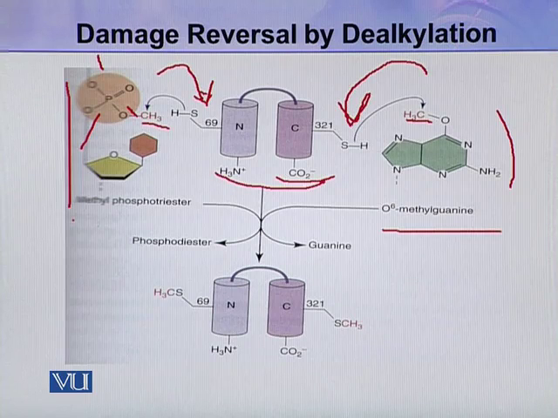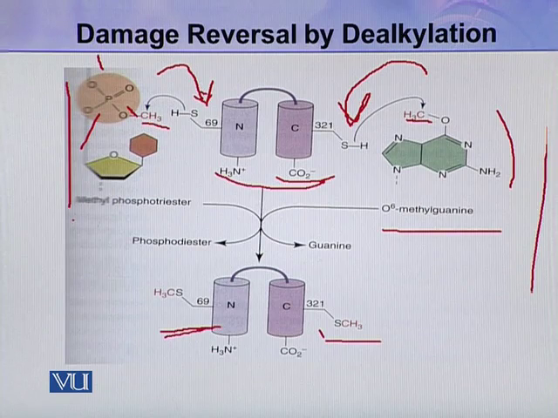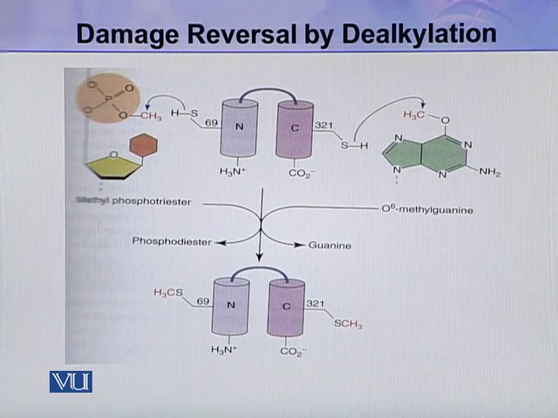So here you can see this methyl group has been transferred to cysteine 321, while in this case the methyl group has been transferred to cysteine 69. So in this way, this O6 methyl guanine is converted into guanine, and this phosphotriester is converted into phosphodiester. So in this way, this enzyme repairs the DNA damage.